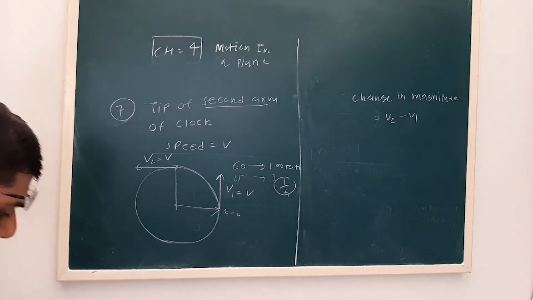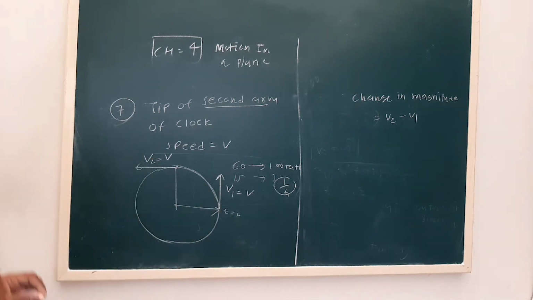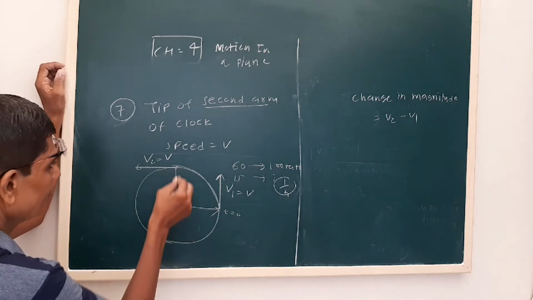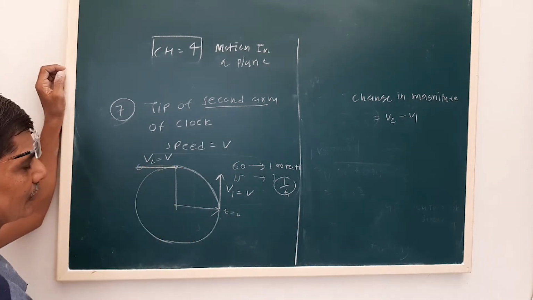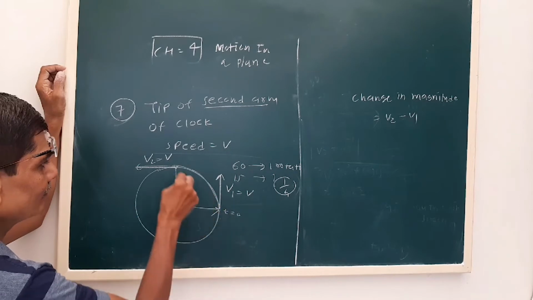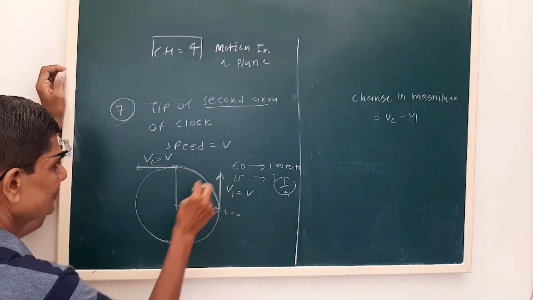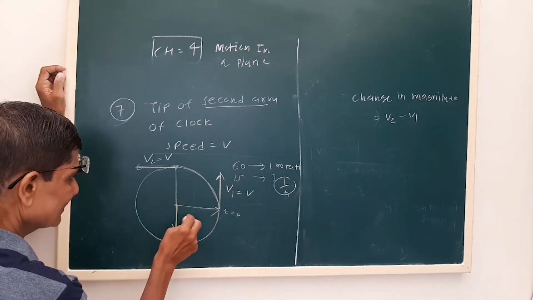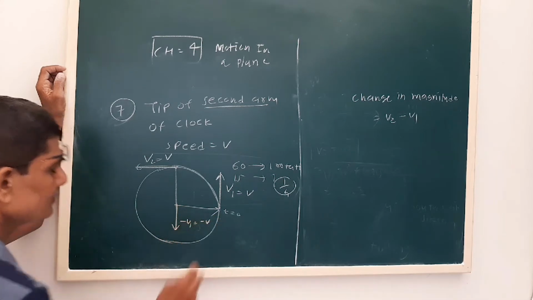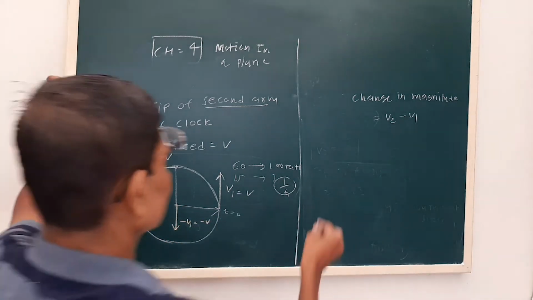We can consider this as a vector. v2 is v, and minus v1 will be minus v in this direction.